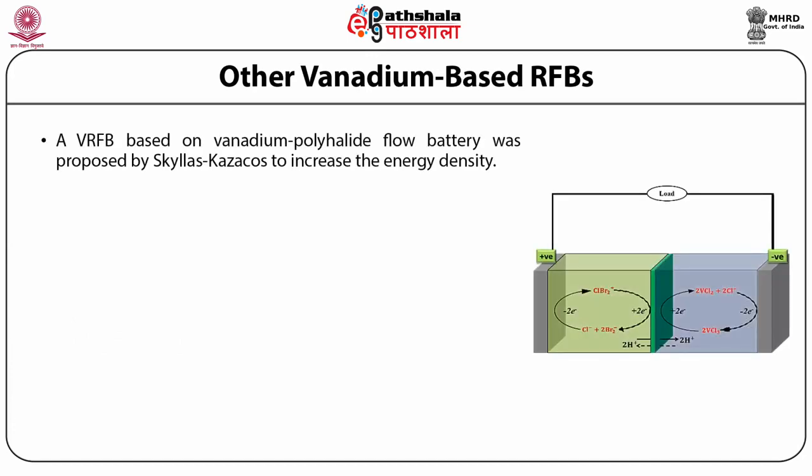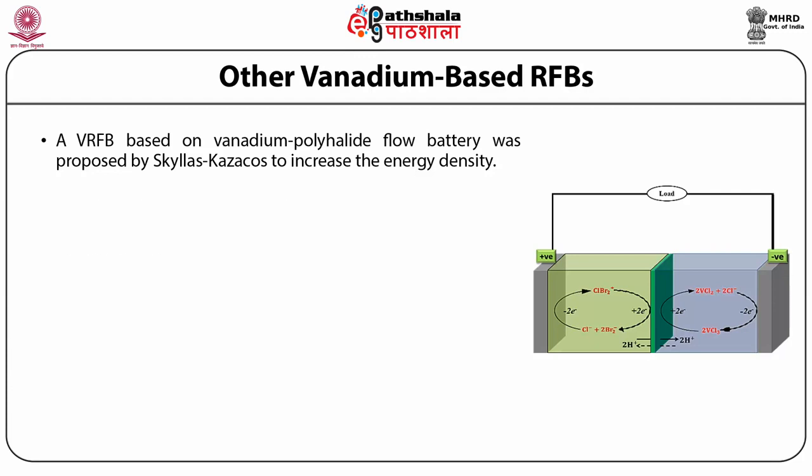A vanadium polyhalide flow battery was proposed by Skyllas-Kazacos to increase the energy density. This system uses VCl2 or VCl3 redox couples as negative reactants, and Br- or Cl- or ClBr2- redox couples as positive reactants in the respective half cells.